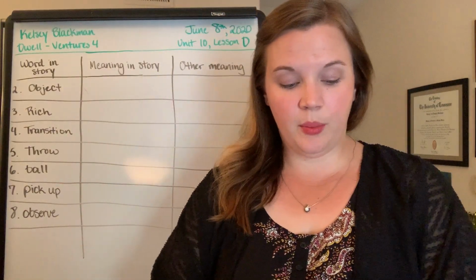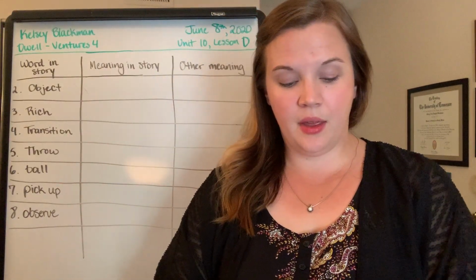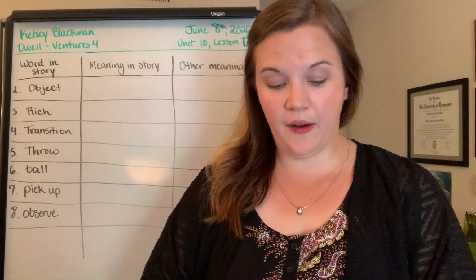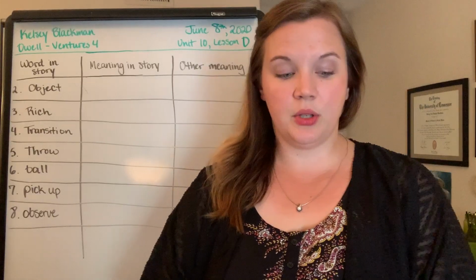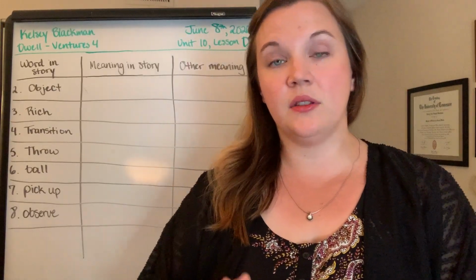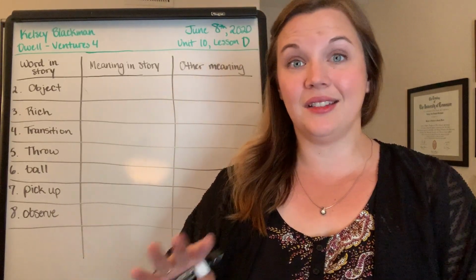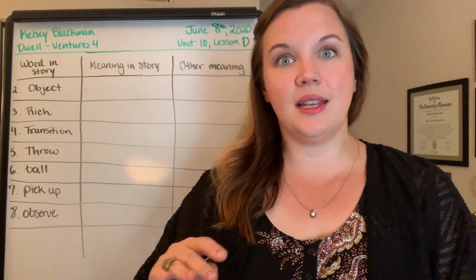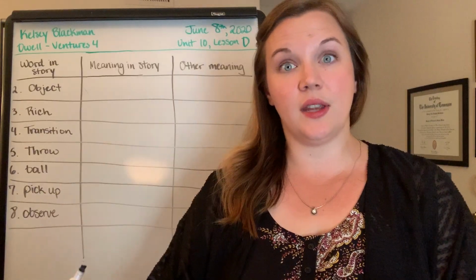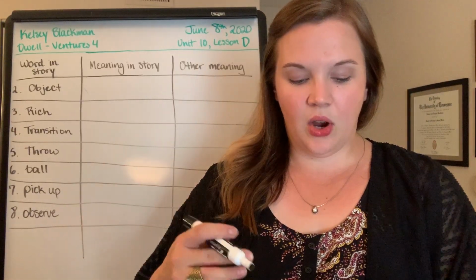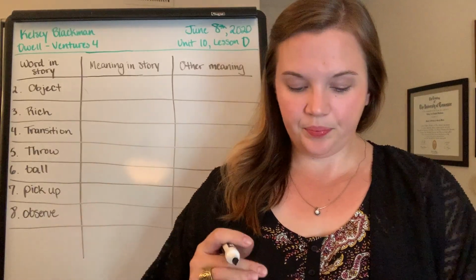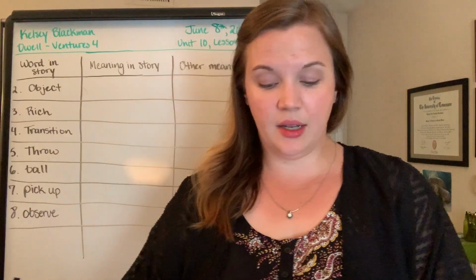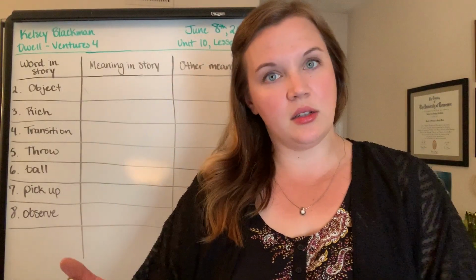The word for number 1 is states, and the meaning in the story is areas that are part of a country. So they were talking about how in some states in the United States of America, age 16 is when a teenager can get their driver's license. So states are a certain part of a country. But another way you could use the word states is conditions of the mind.